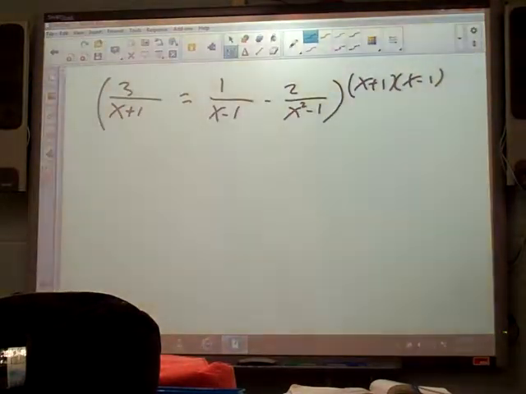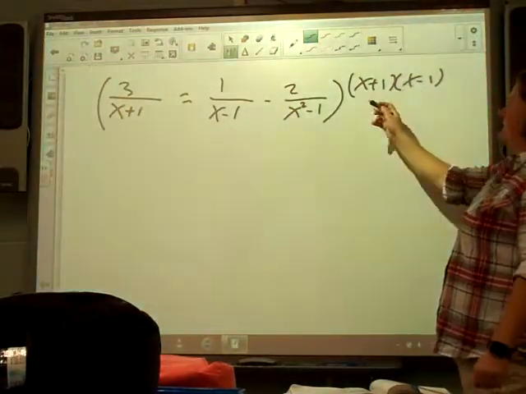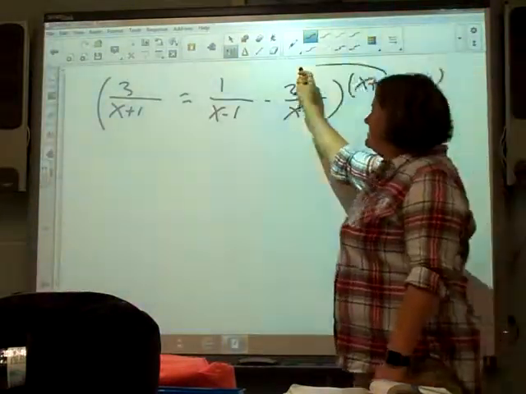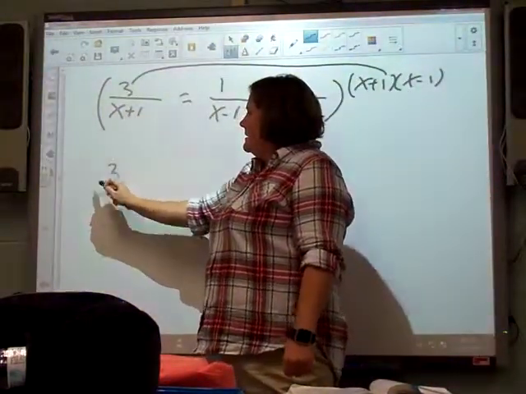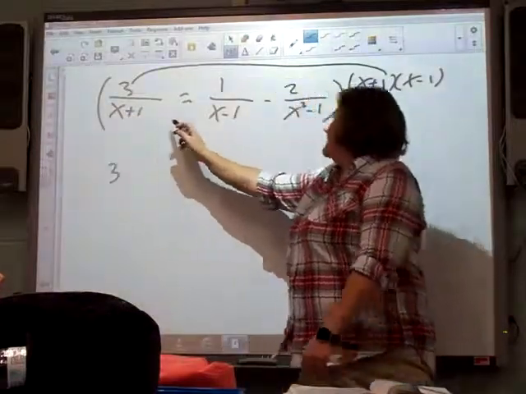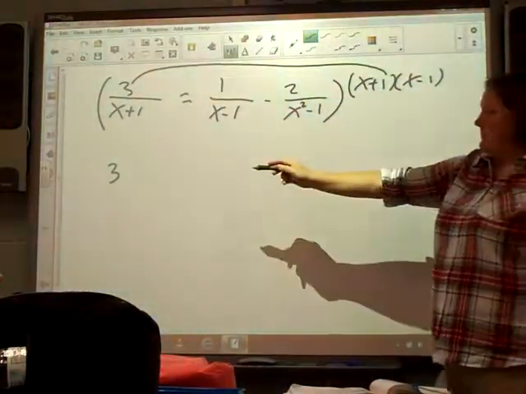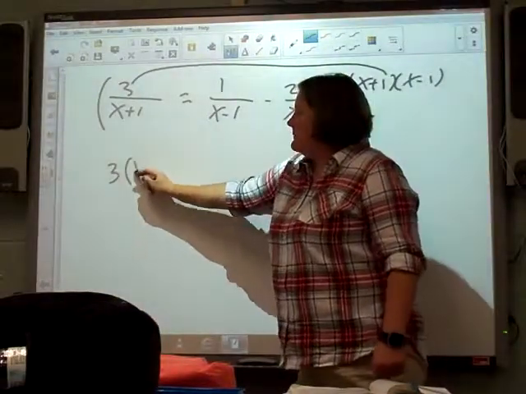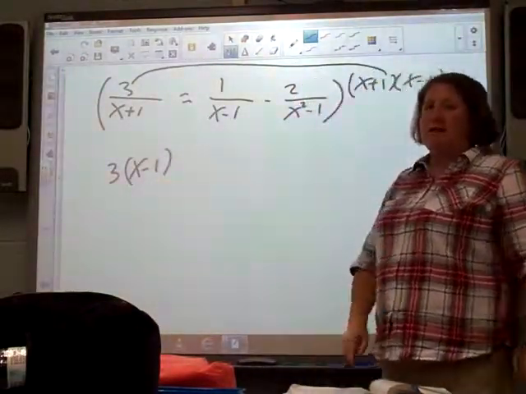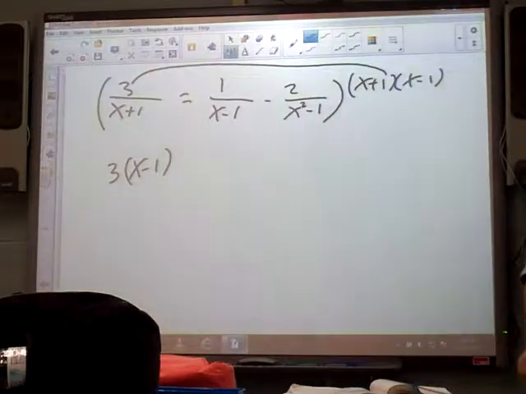Okay? So here's the way I do this. When I get ready, I'm going to distribute this all the way up here to the 3. X plus 1 cancels out, but it still has to get the x minus 1. So I've got my 3 already there, and I'm going to multiply that by x minus 1. Yes, I'll distribute, but I'm going baby steps right now.